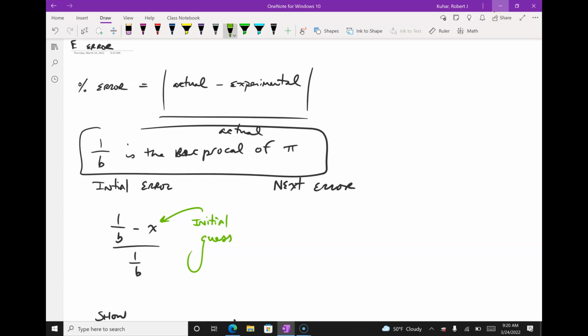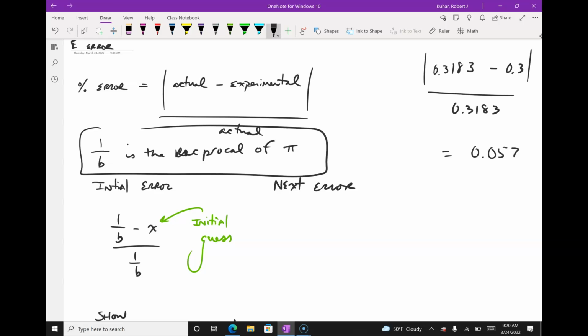I have the calculation right here on my phone, so let me just, kind of just a side idea here, it's 0.3183 minus 0.3 over 0.3183, right? So 0.3183 minus 0.3 divided by 0.3183. So I get 0.057. I get 6% error from my initial guess.